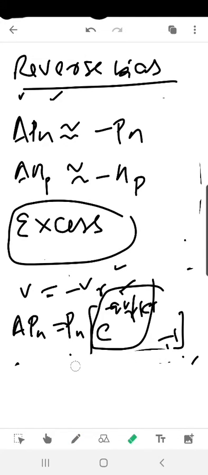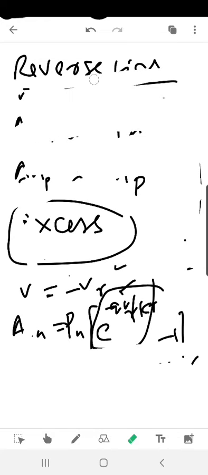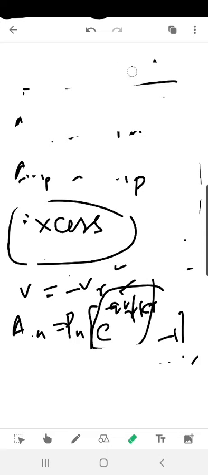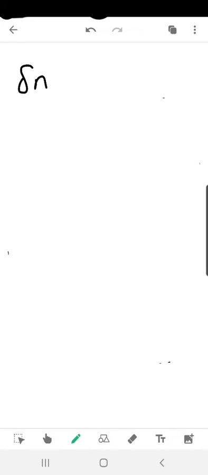Let me clear the board first. We will represent the excess minority charge carrier concentration as this, delta n of xp. Delta n of xp means excess charge concentration of electrons in the P region.